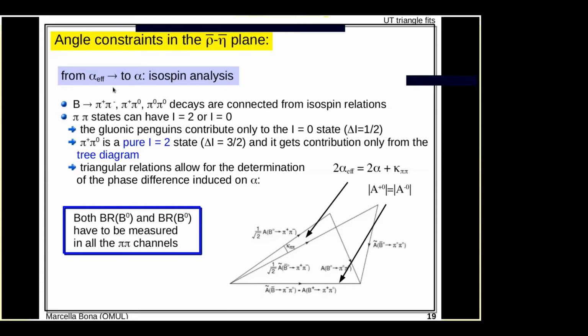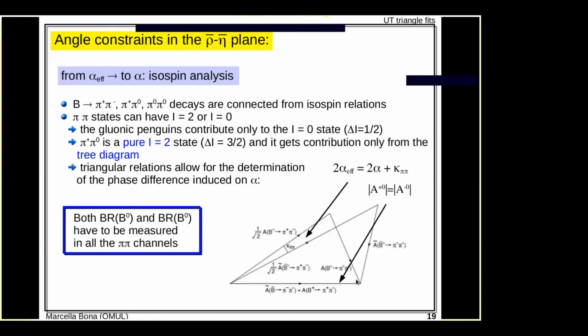So these are the three final states. They are connected by isospin relations, and basically the one that is a pure isospin state is pi plus pi 0. So you have this common side, and then you create these two isospin triangles using the B or the B bar, the CP conjugated, if you want, decays, okay?